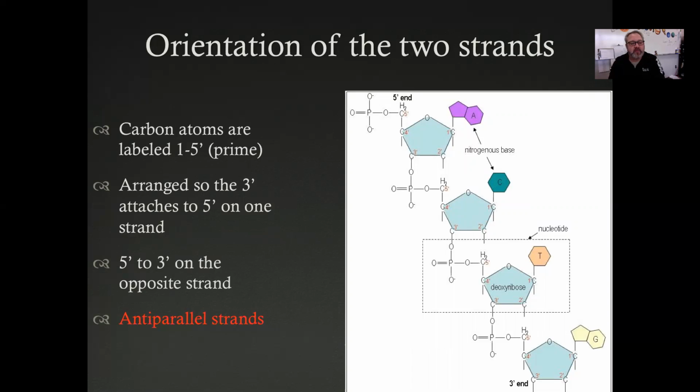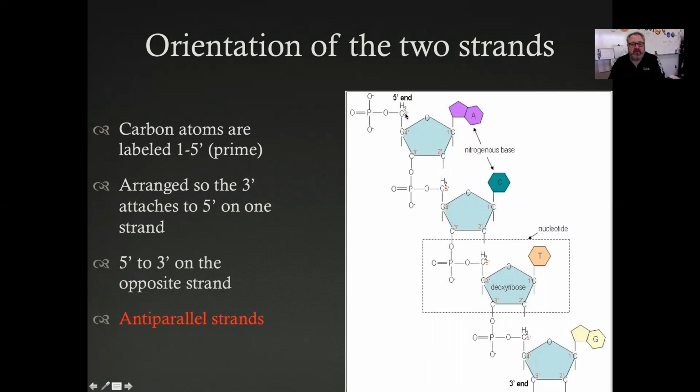Okay, so the way that the two strands are oriented is what we call the 5' or the 3' orientation. And it just has to do with what side of the twisted ladder that we're talking about, okay? So carbon atoms are labeled 1 through 5. So if you look, there's carbon number 1, number 2, number 3, number 4, and then there's carbon number 5.